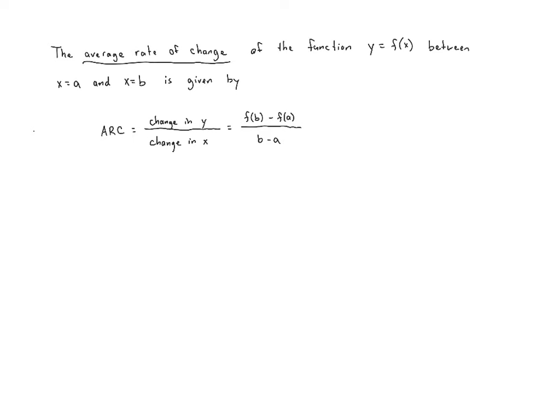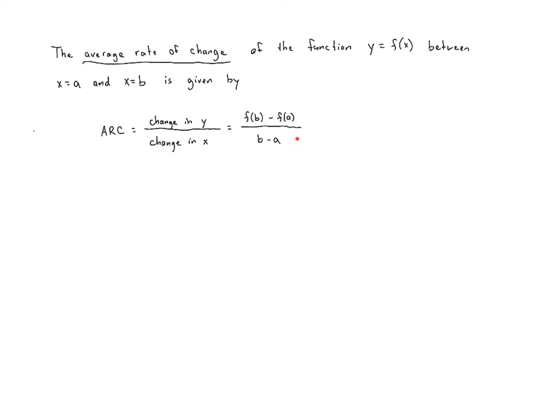When we were looking at this as an average rate of speed, when the function was a distance function, remember we took the difference of the two function values divided by the difference of the two x values that we were looking at on our interval.